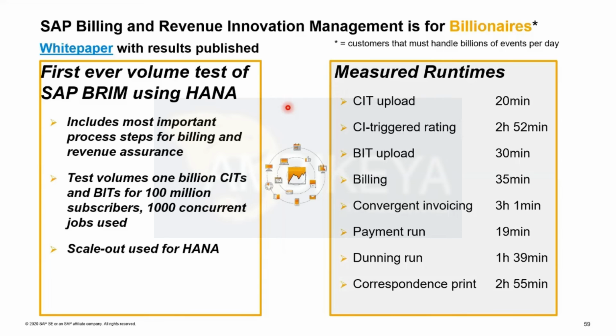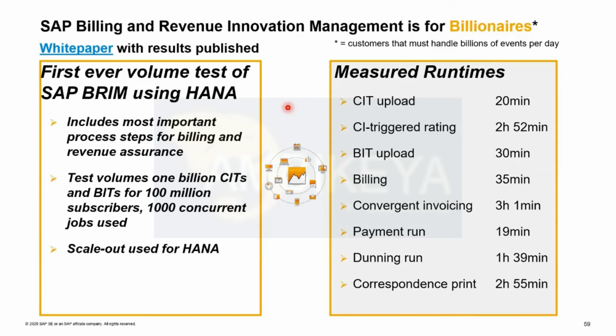So we have a specialist, and the specialist conducted a first time high volume performance test on HANA scale out. The results are available in the white paper. The link is here under the white paper in blue. We mentioned it in the title.